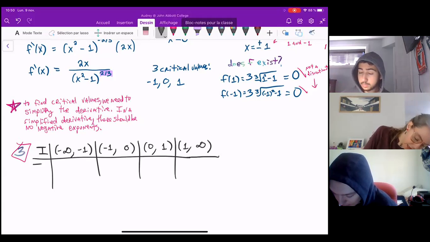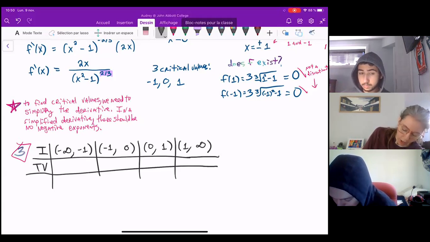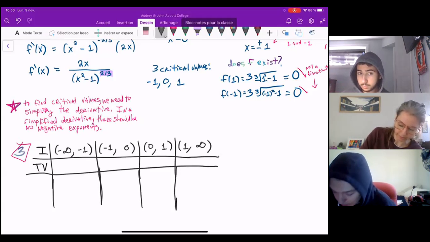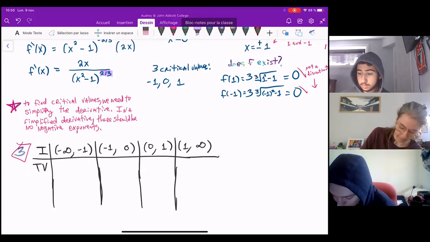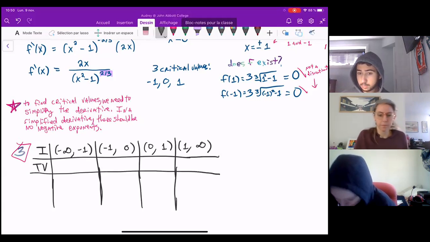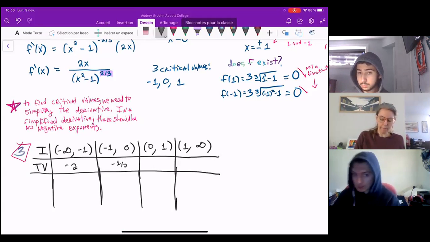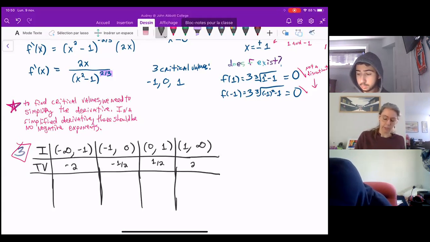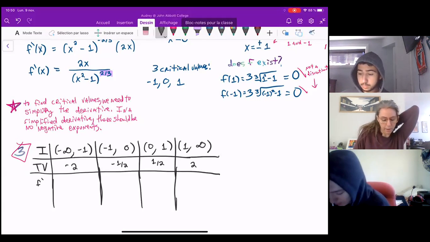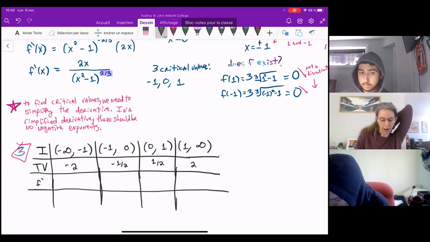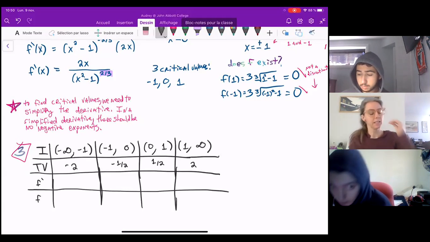And then TV is for test value, where we pick a number of our choice on each of these intervals. So I'm going to pick negative 2, negative 1/2, positive 1/2, and 2. Then we want to know about the sign of f prime, and we want to know what that tells us about f.